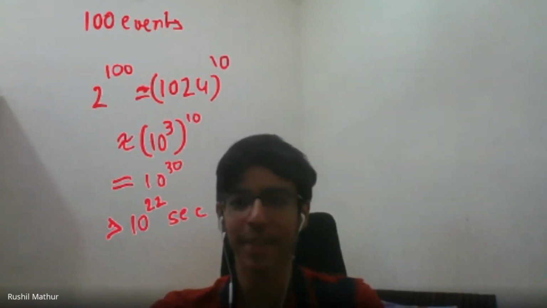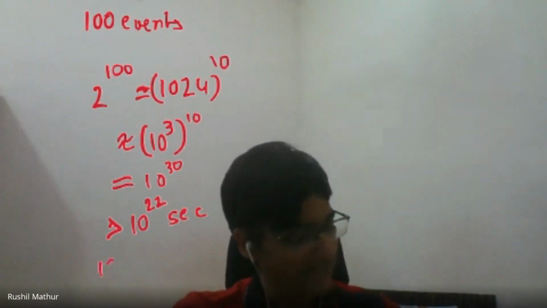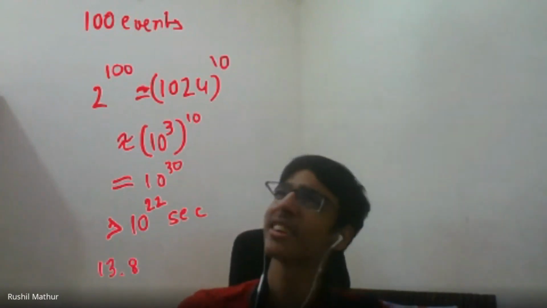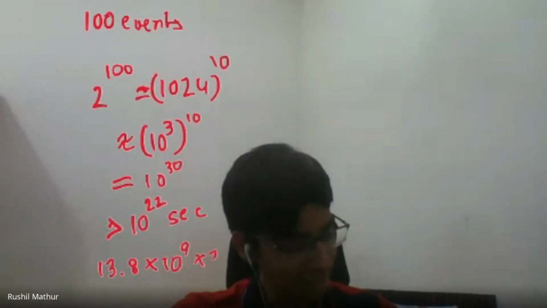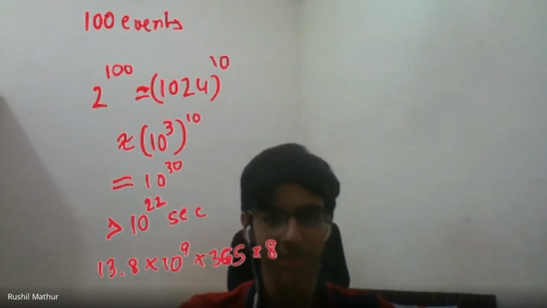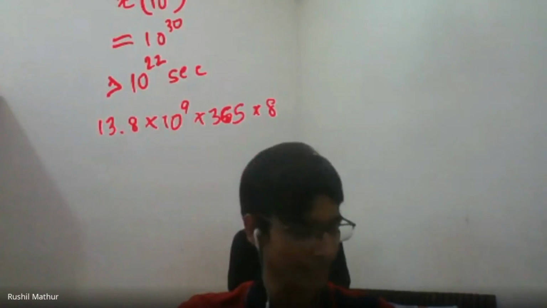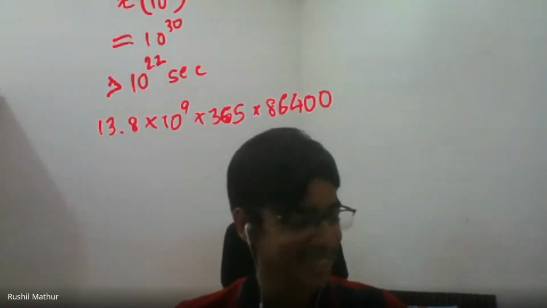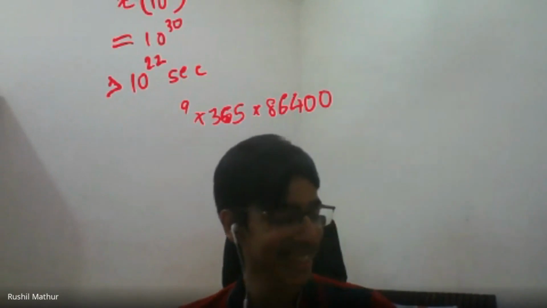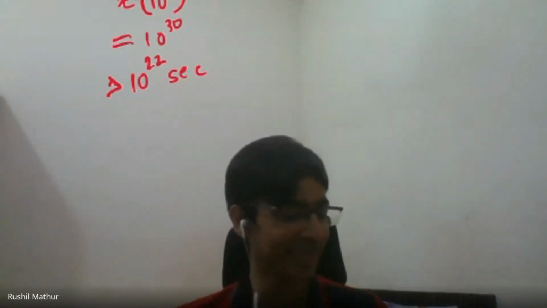So 13.8 into 10 to the 9 years, into 365 into 86,400 seconds. It is smaller than 10 to the 24. It's much smaller. Yeah. So this is beyond us by far.